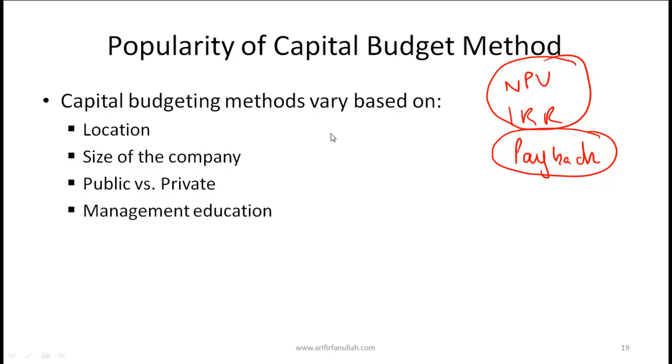Larger companies would tend to rely more heavily on NPV and IRR. Public versus private companies: large public companies would again rely more heavily on sophisticated techniques such as NPV and IRR. And management education: larger companies where you have MBAs in senior management are again more likely to use NPV and IRR.